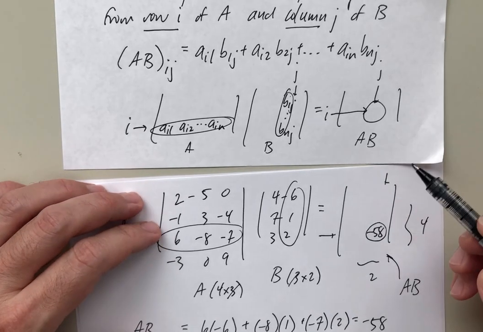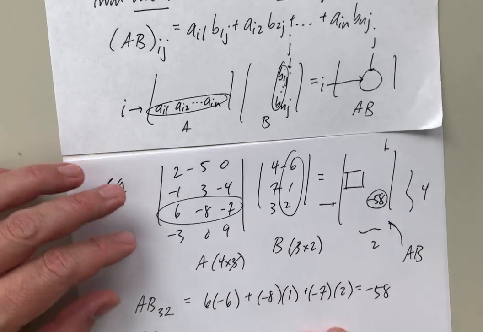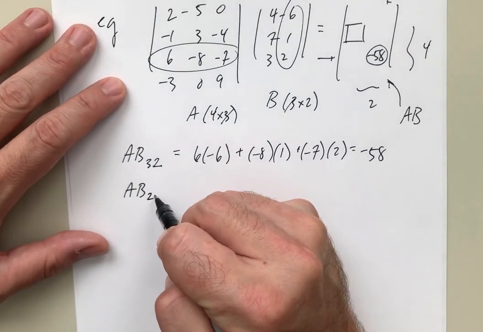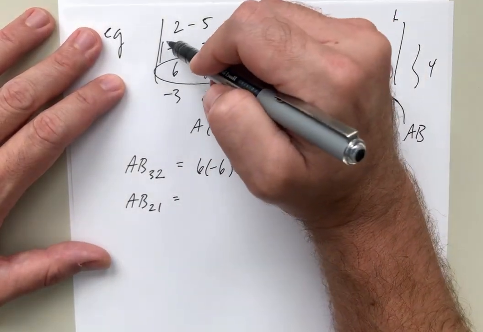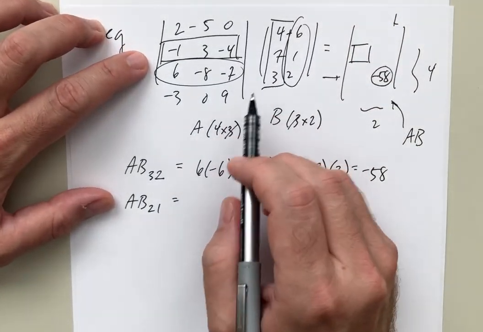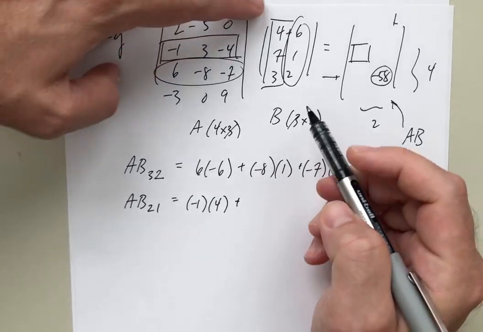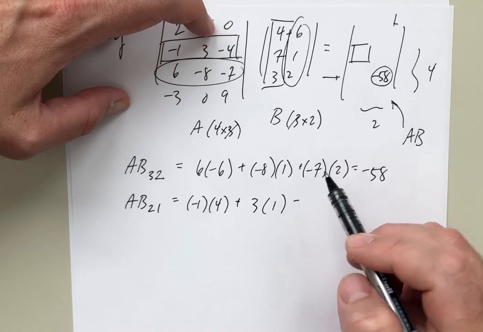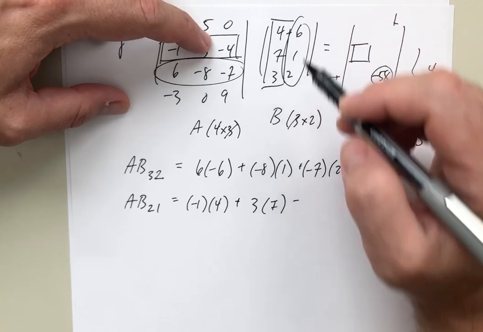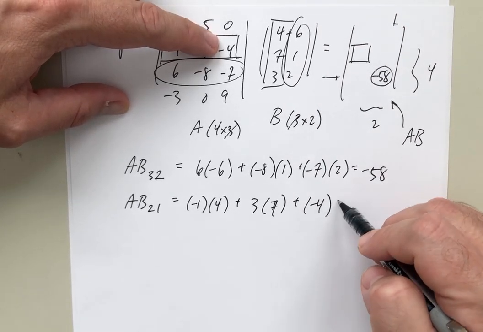If I wanted, say, the second row, first column of AB, I take the second row and first column and do the same corresponding sum of products. So minus 1 times 4 plus 3 times 1. Oh, sorry, I was doing the first row. Minus 1 times 4 plus 3 times 7, the first column here, plus minus 4 times 3.